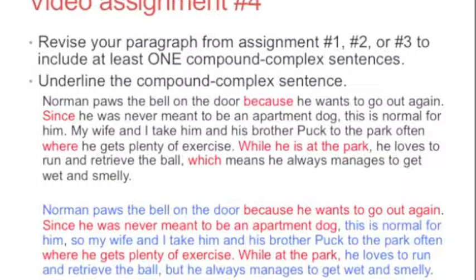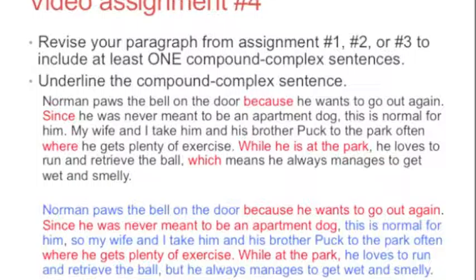But the fun doesn't stop there. No, I have attached yet another dependent clause, where he gets plenty of exercise. So that is a grand total of 2 dependent clauses and 2 independent clauses in that one compound complex sentence. And we finish it up with 1 dependent clause, while at the park, which leads into a compound sentence, right?